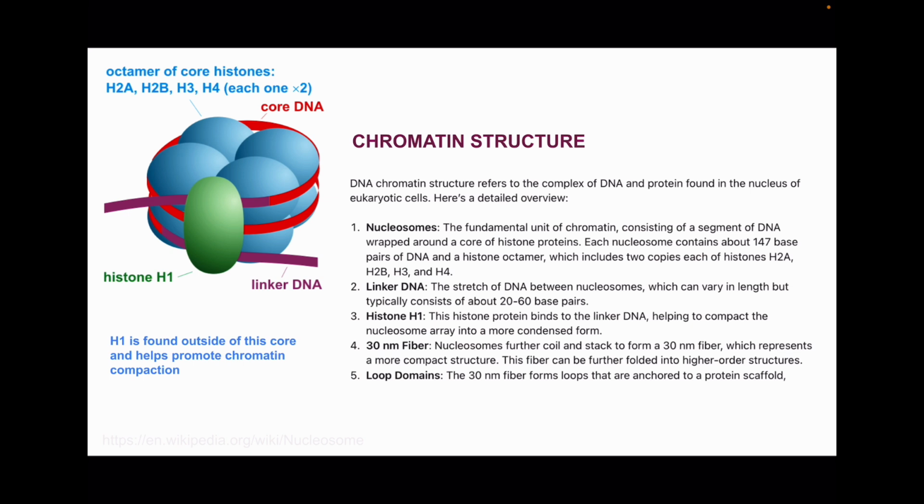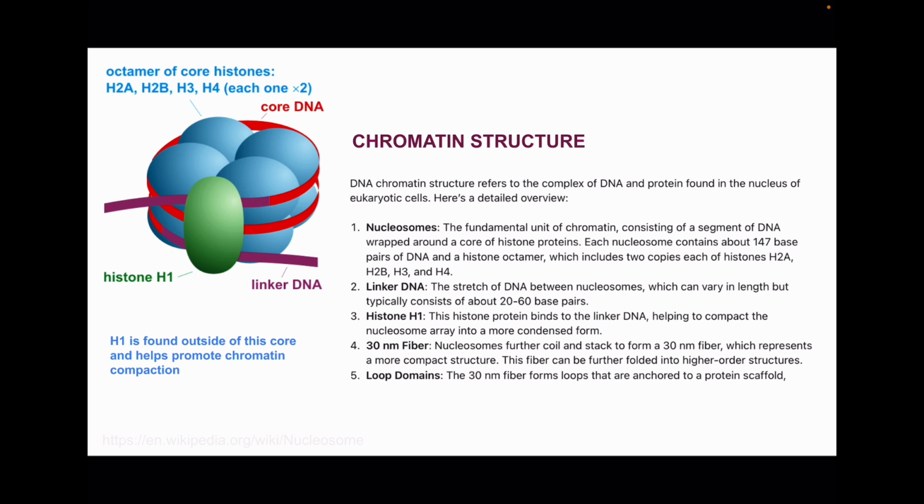The linker DNA is a stretch of DNA between nucleosomes, which varies in length but typically consists of about 20 to 60 base pairs. Histone H1, this histone protein, binds to the linker DNA, helping to compact the nucleosome array into a more condensed form.